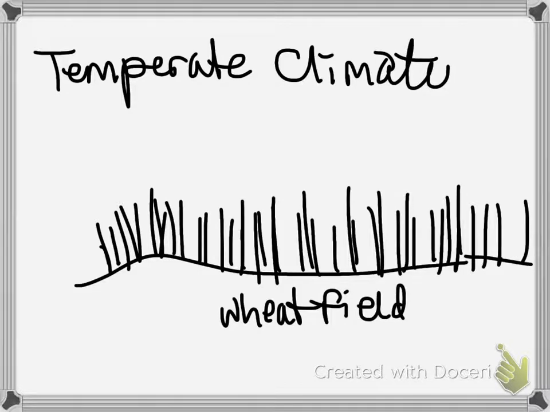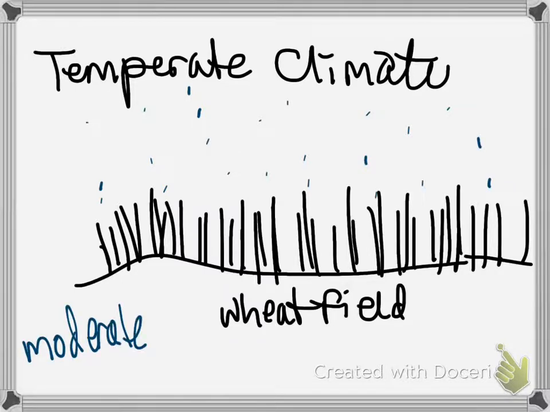So temperate climate or grassland, you have quick mechanical weathering because you have lots of temperature change. You have a moderate amount of rain, not too much rain that it's going to leach the nutrients out of the soil, but you do have rain. So moderate rain is good. Plants can grow, right?